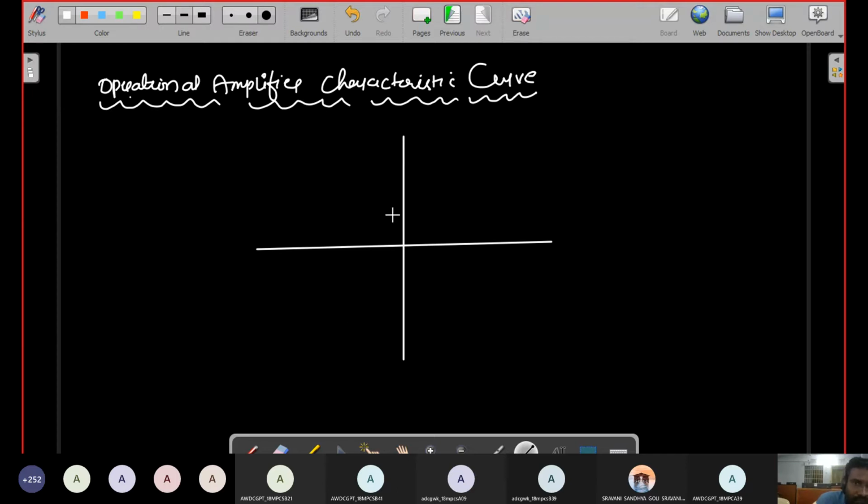So in the y-axis we will consider the output voltage V0, and this is the input voltage Vin. Right now the graph looks like this. This is your output voltage.